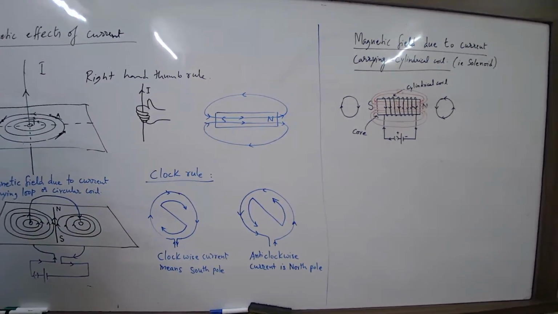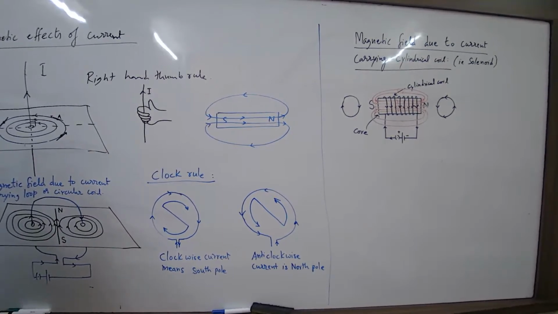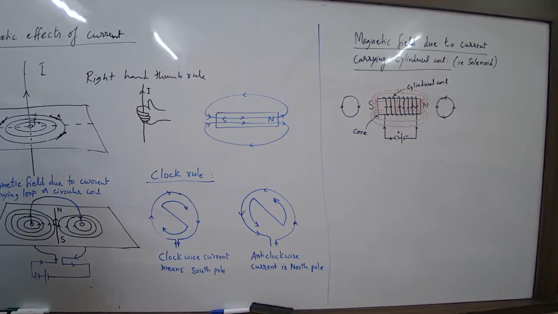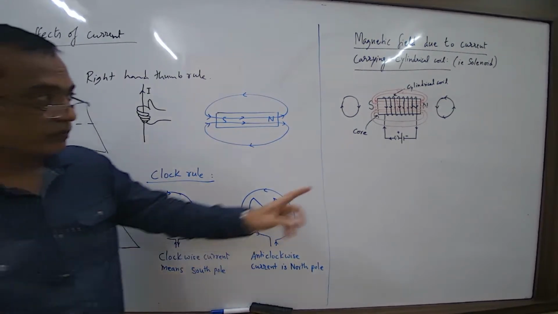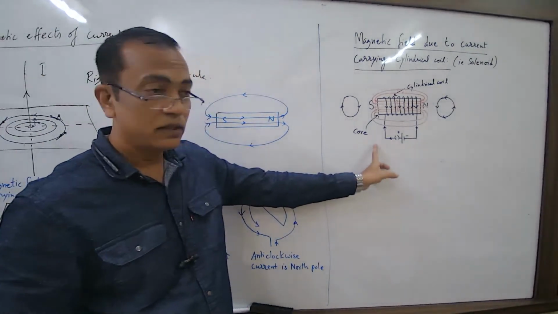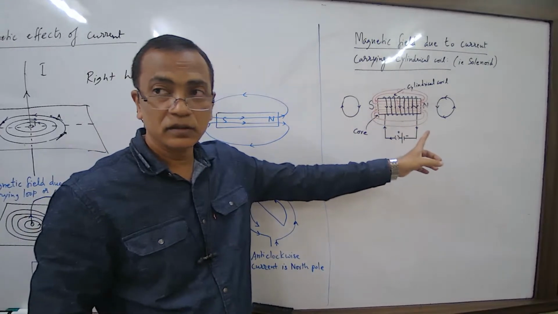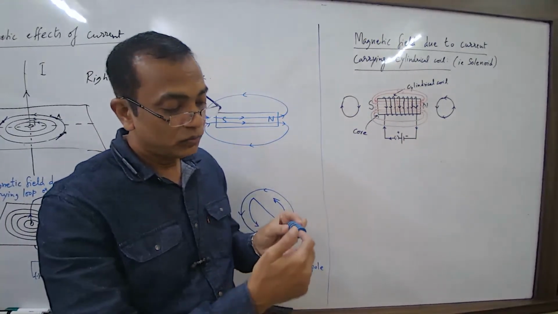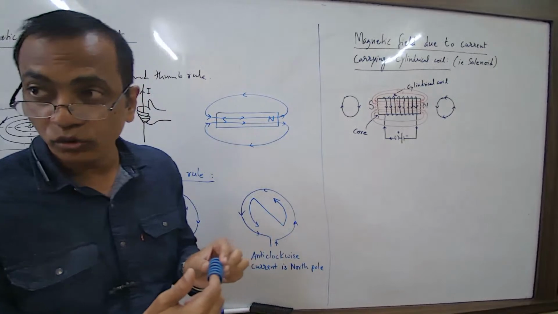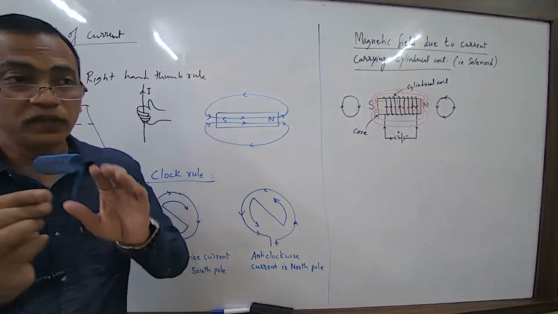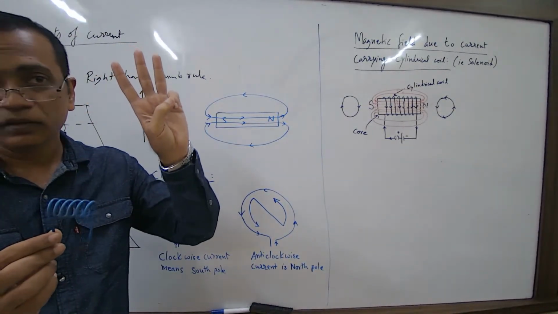When you increase the number of turns, each coil is producing magnetic field, so if it is 10 turns, it will be 10 times the field produced by one coil. Or increase the strength of the current by adding more cells. You can increase the current or increase the turns, right? Or put inside some soft iron core. So the magnetic field can be increased by these three methods.